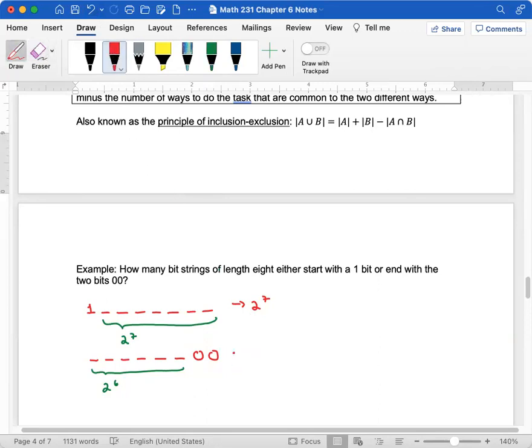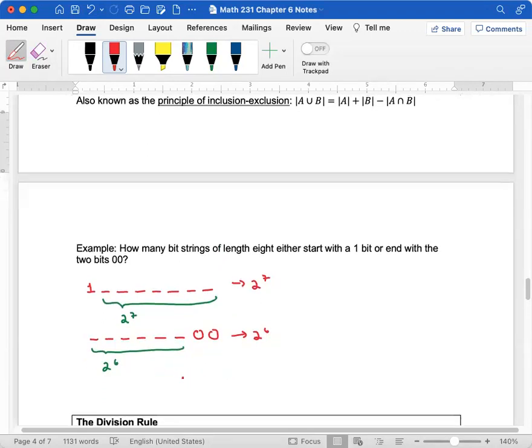The issue is that they're double counting. There are bit strings being counted up here in this first group that happen to have 0, 0 at the end. And there are bit strings in the second group that happen to have 1 at the beginning. So because they're both counting 2 things twice, we're not just going to simply add them together. We have to figure out how many are being double counted.